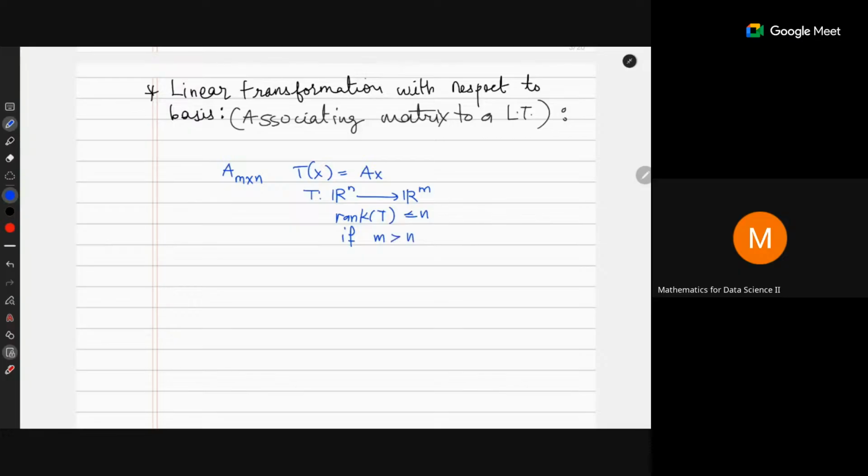Otherwise, if m is equal to n and rank of T is equal to n, then it is surjective. And if m is smaller than n and it is full rank, and rank is equal to m, let's say, then it could also be surjective.